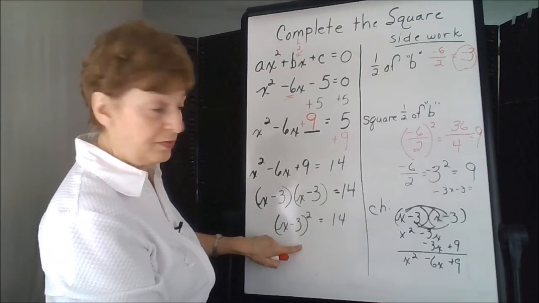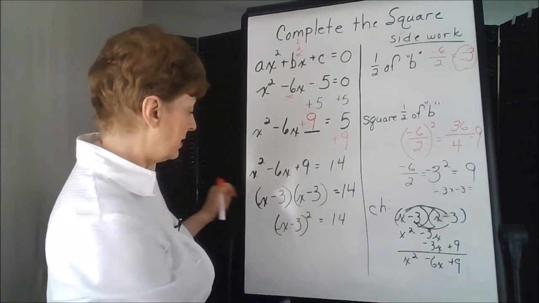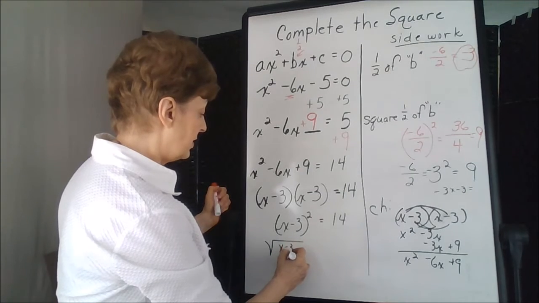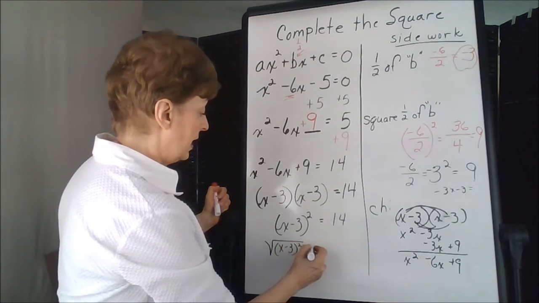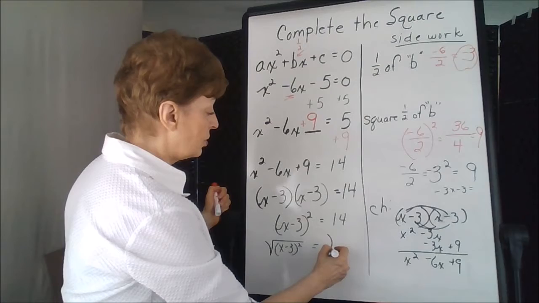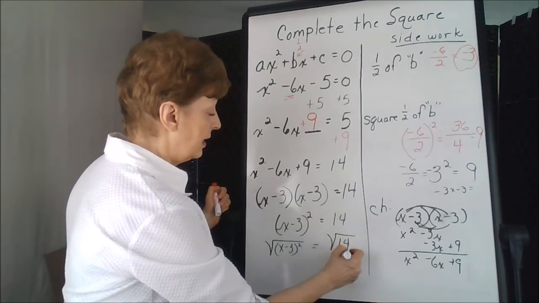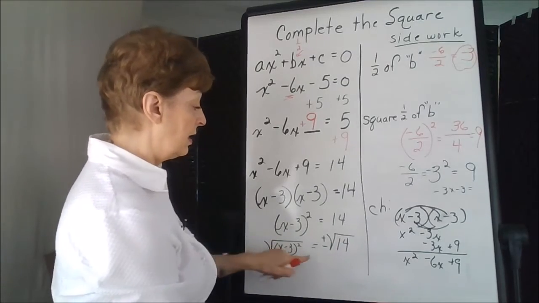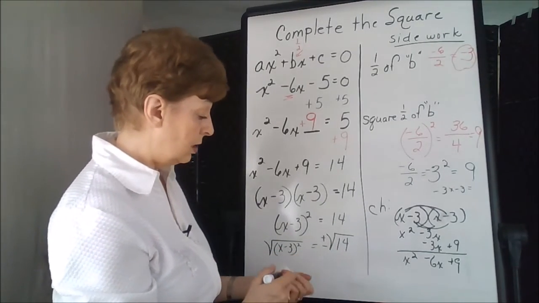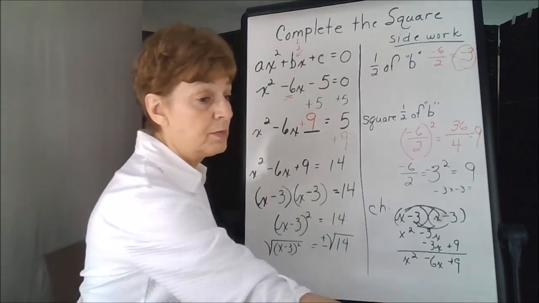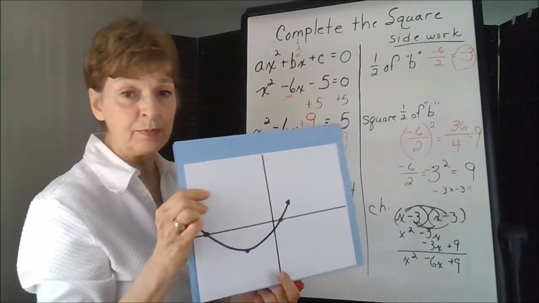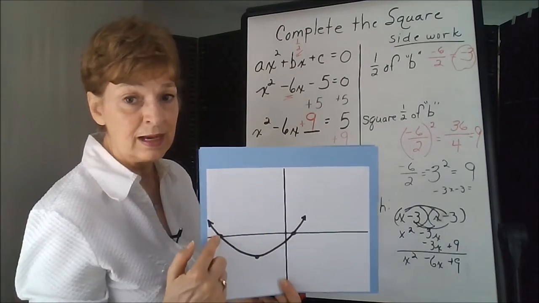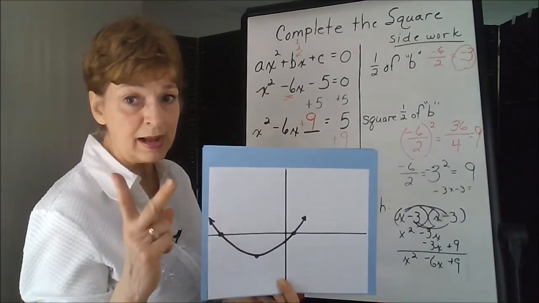We can remove the square of this by doing the square root of x minus 3, and then we would have to square root the other side. When we do that, it becomes a positive or negative, because there are two values most of the time. Remember, we're finding the points of intersection on the x-axis, and usually parabolas hit twice.